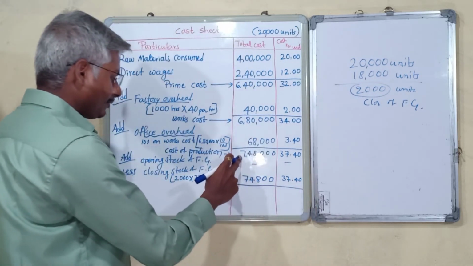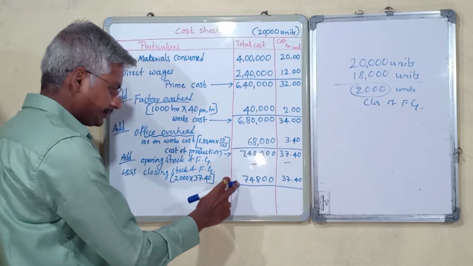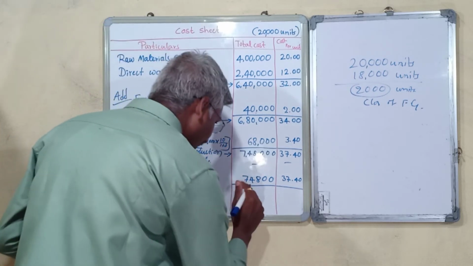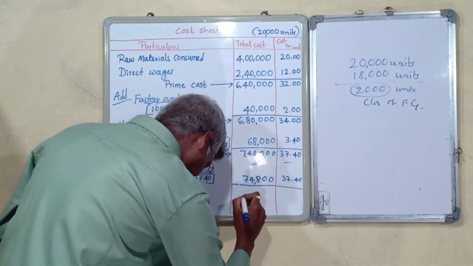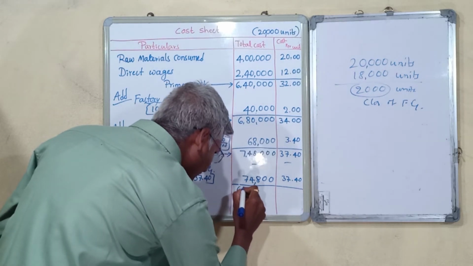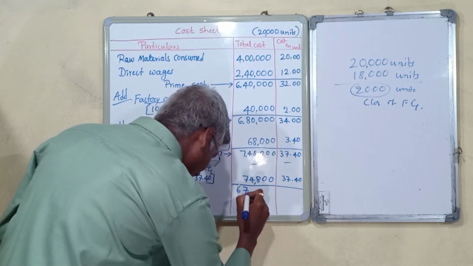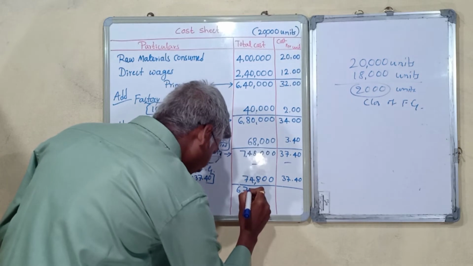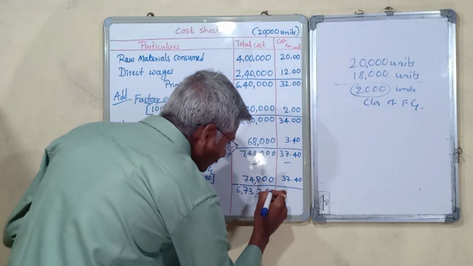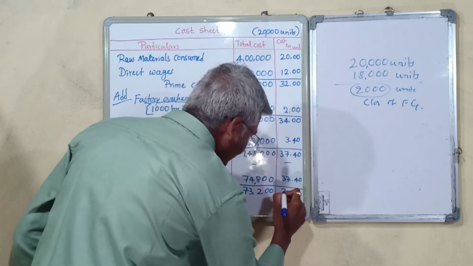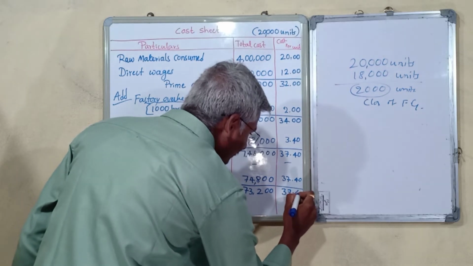Then from cost of production, if we deduct closing stock of finished goods, we will get 6,73,200, that is 37.40.